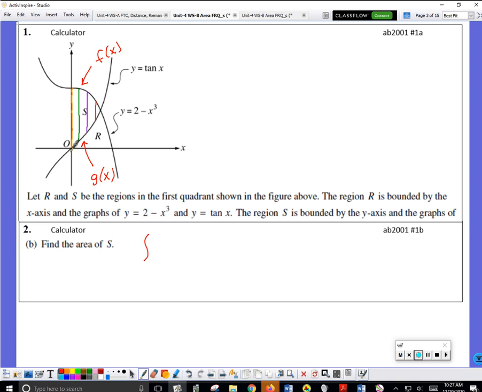I integrate from x equals 0 to x equals a. The y coordinate at the top of every rectangle is f. The y coordinate at the bottom is g. That's it.